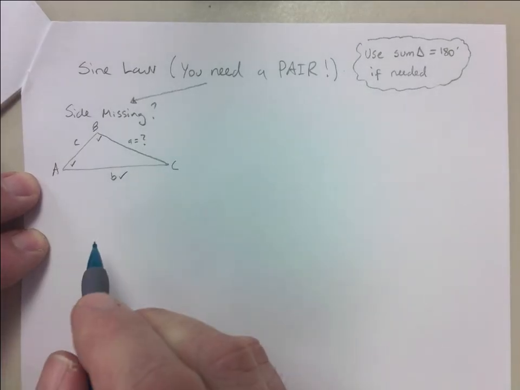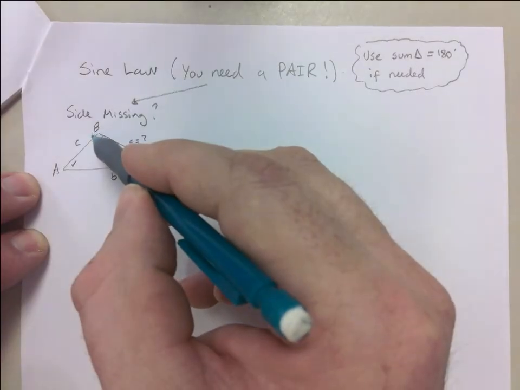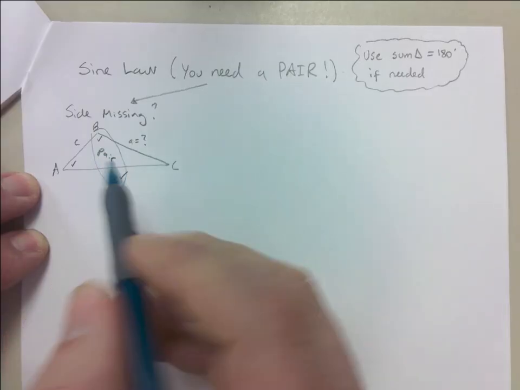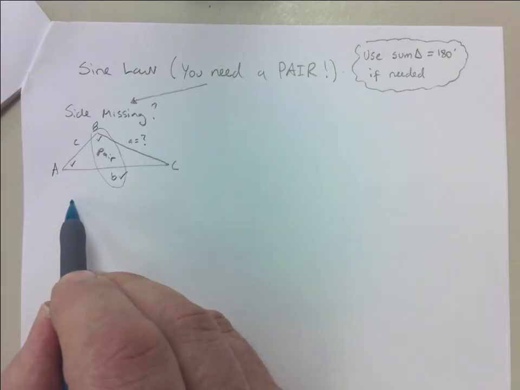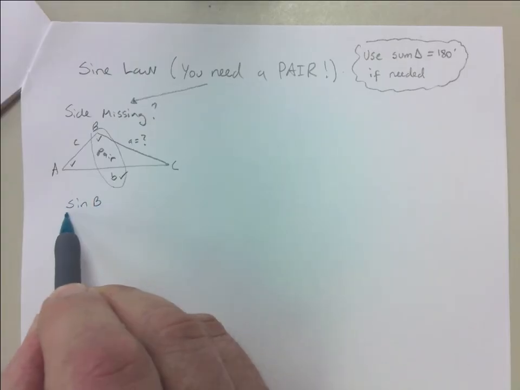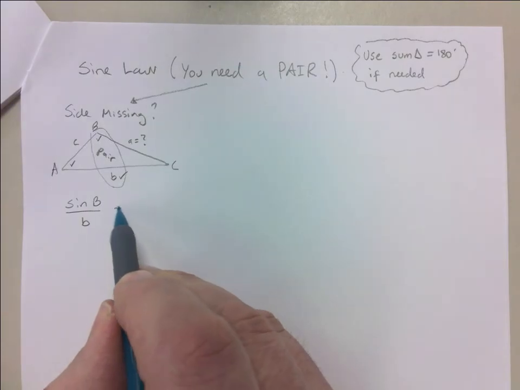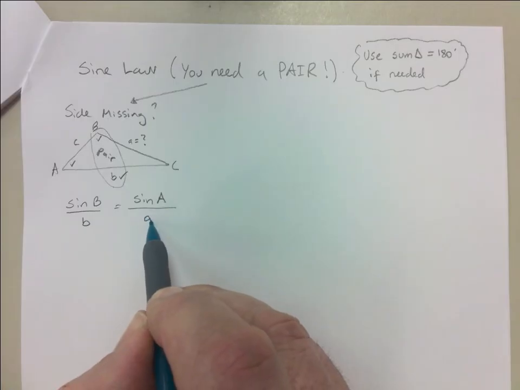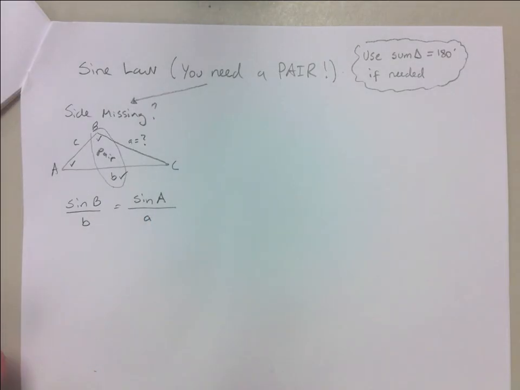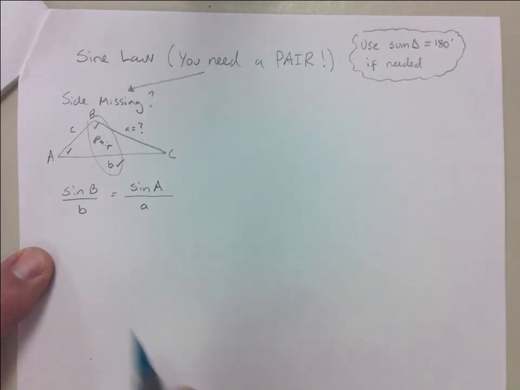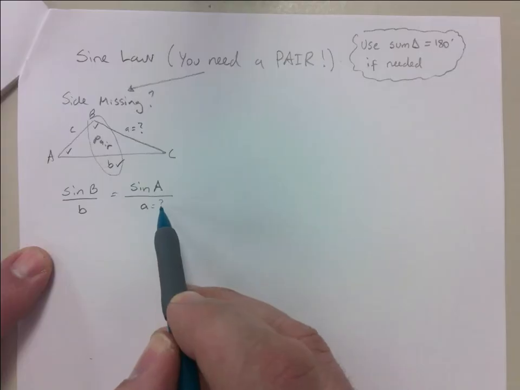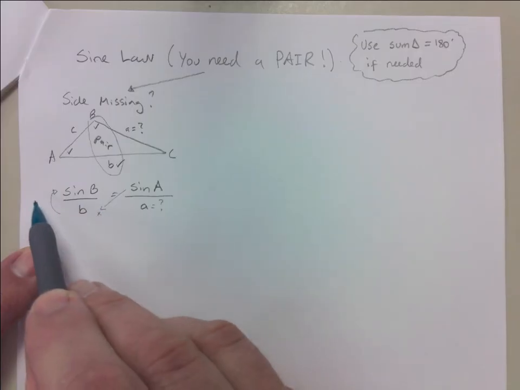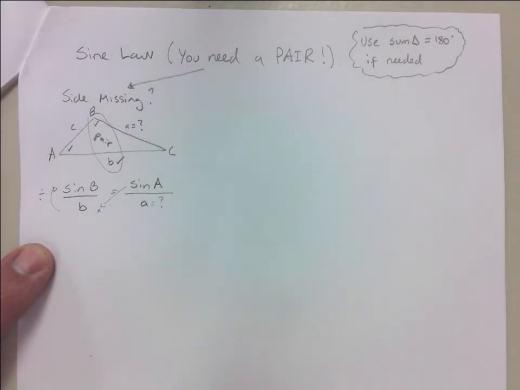So here we go. You would do this. Here's your pair. I would start with that. So sine of B over side B is sine A over side A. This is your unknown, remember? So you would cross multiply and divide. I'm not giving you numbers.